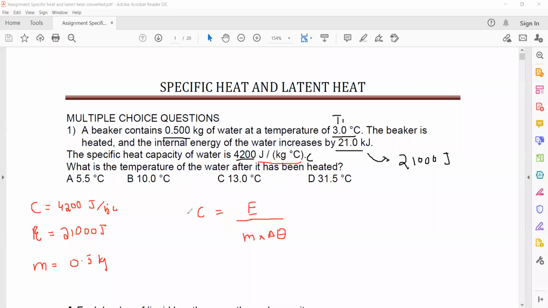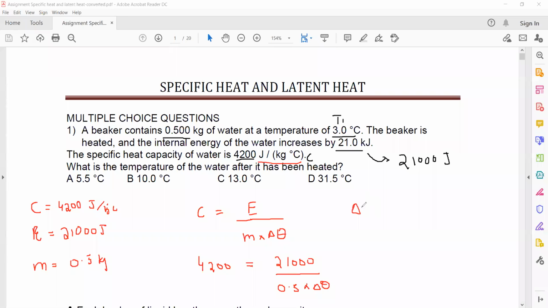So when we substitute the values, value of C is 4,200, energy is 21,000, the mass is 0.5 multiplied by temperature change, delta theta. We need delta theta, so that will go there in multiplication, and 4,200 will be there in division.